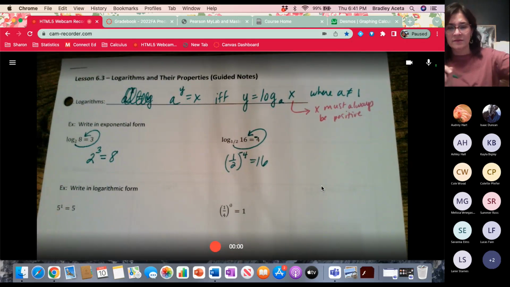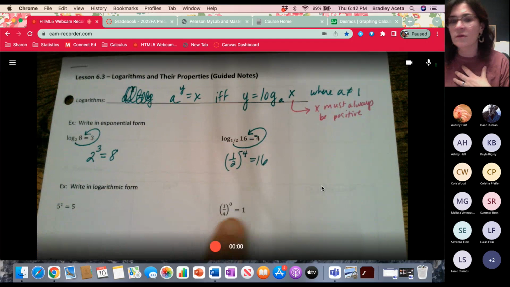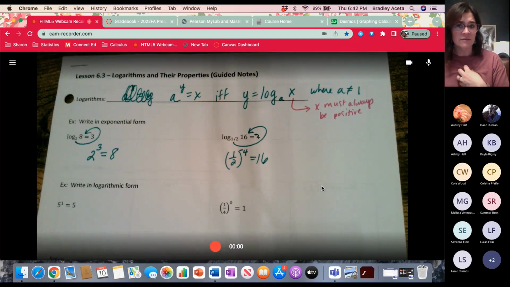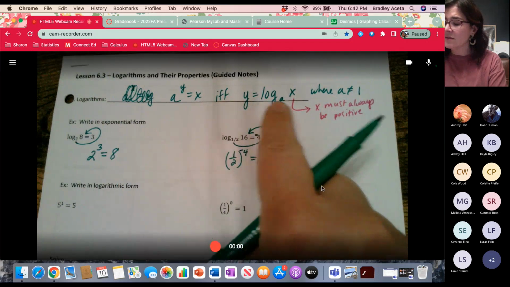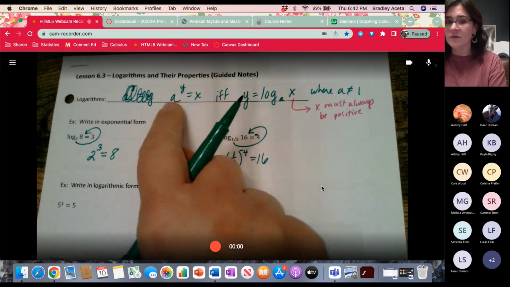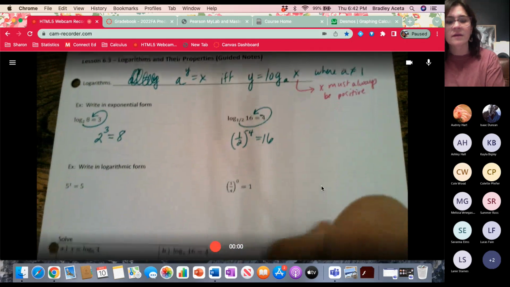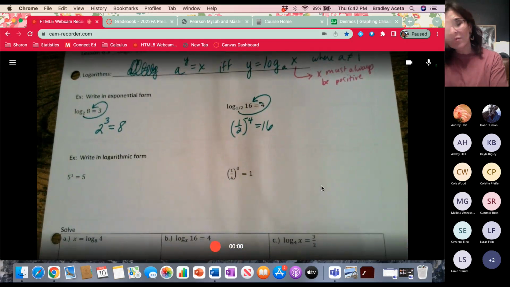So base, wrap it around, point. Now, let's do it the other way. You can write any exponential as a log. So exponentials are easy, right? You can write them as logs. Log of what? Log of that base, whatever that base happened to be. So you do the same wrap around, zoop, like that.